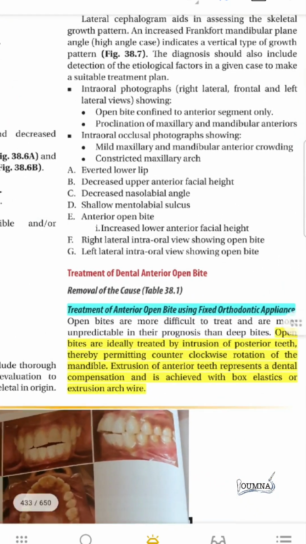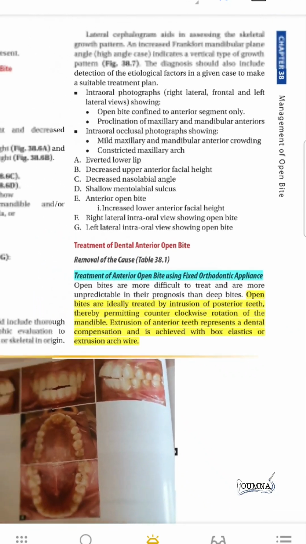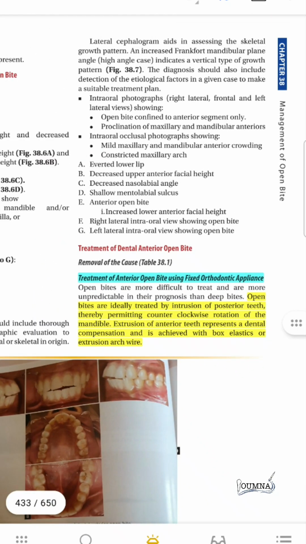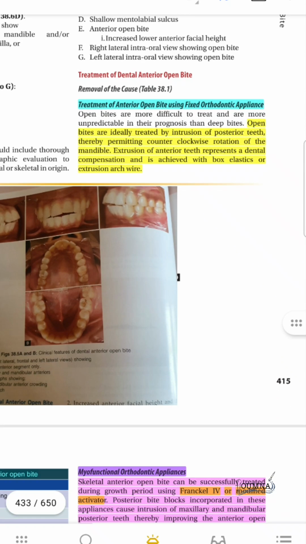Now let's discuss the treatment. For the anterior open bite, we can use fixed appliances to do an intrusion of the posterior teeth to permit counterclockwise rotation of the mandible, and do extrusion of the anterior teeth to compensate for the open bite.